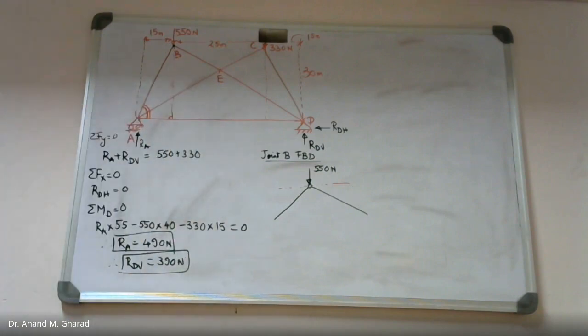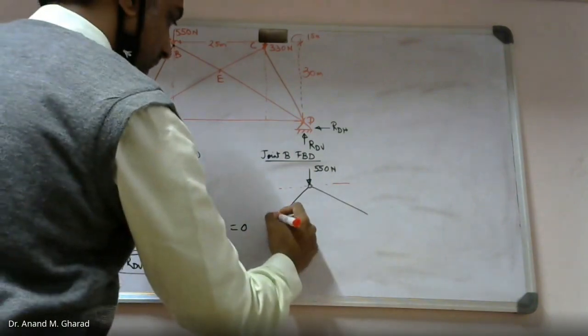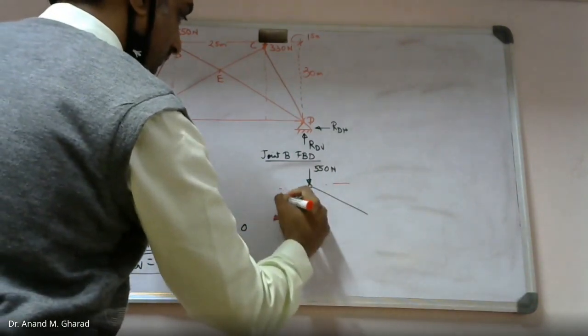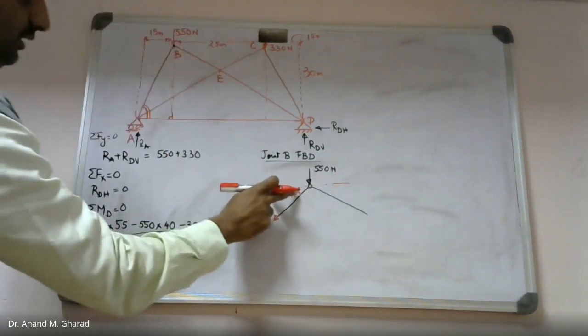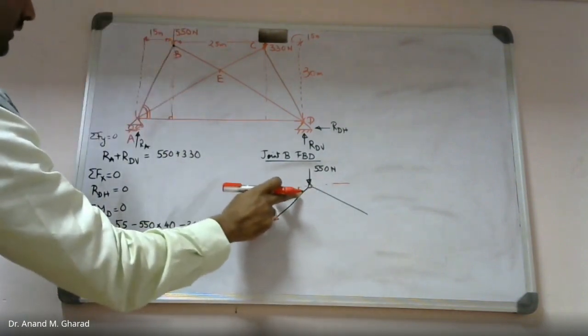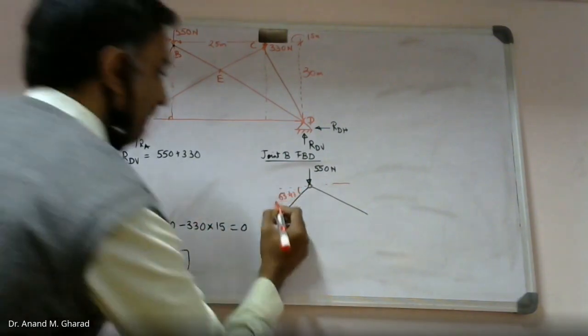How much was that? That will be 63.43, and you will appreciate that this will be the alternate angle. Okay?